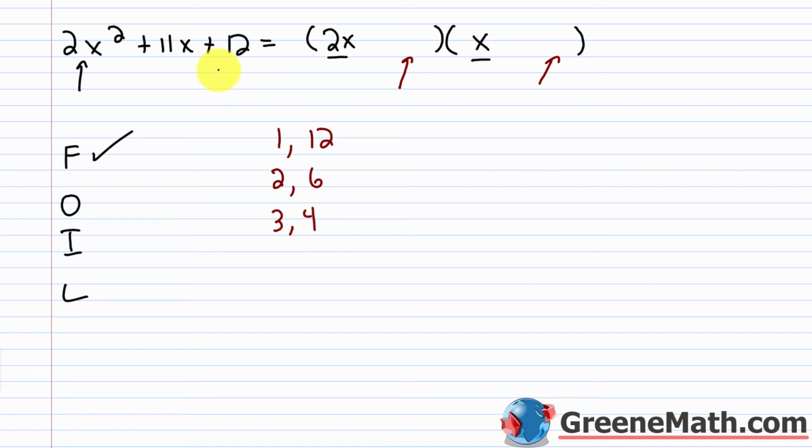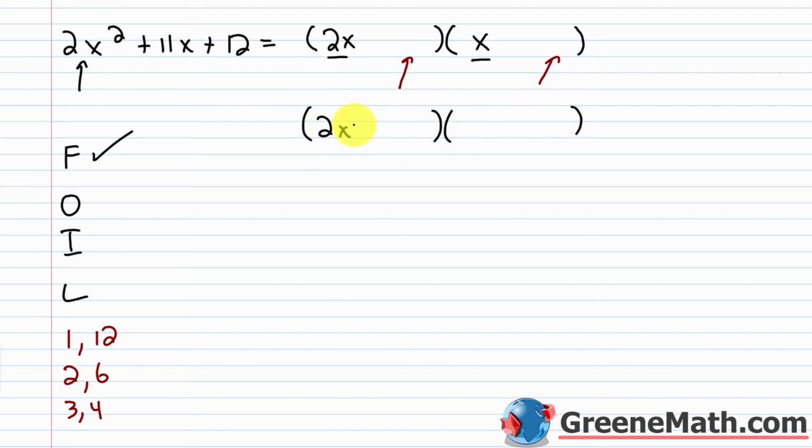So what I would do is, I would go through, again, trial and error. You'd have 1 times 12, 2 times 6, and 3 times 4. So let me make all the scenarios up. So you have 2x and x, and then you have 2x and x. So first I'm going to vary 1 and 12.